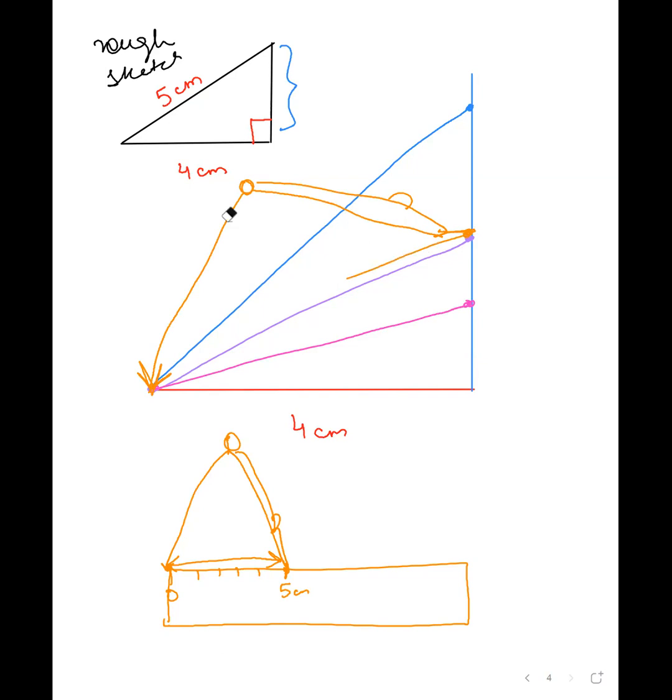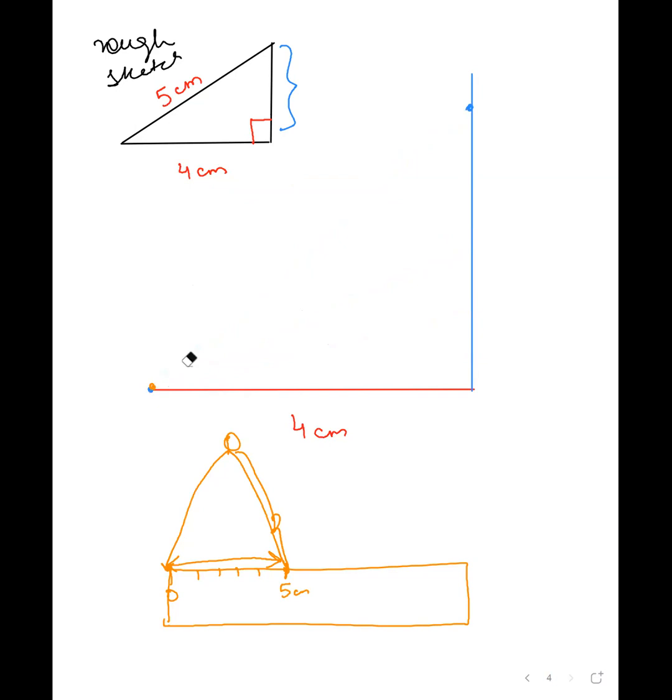I'm not going to go into the details because this is not a part of your syllabus right now, and we'll just be wasting time. The point over here is that we will be able to make the 5 centimeters over here. So now this part is your triangle.